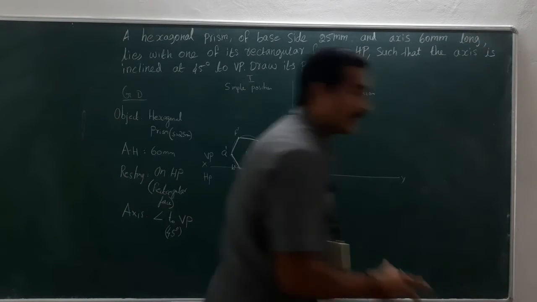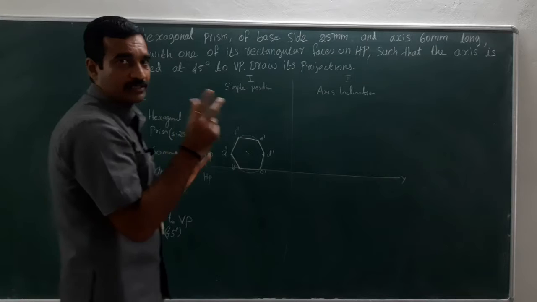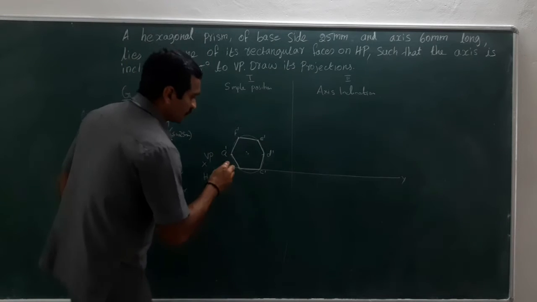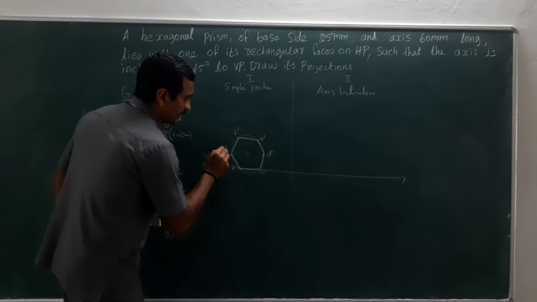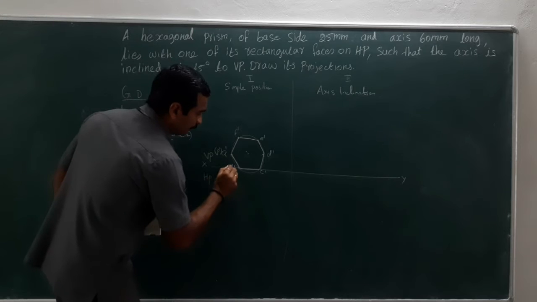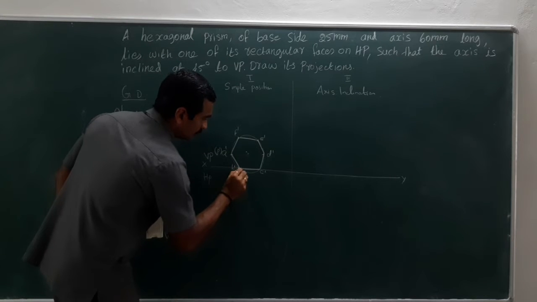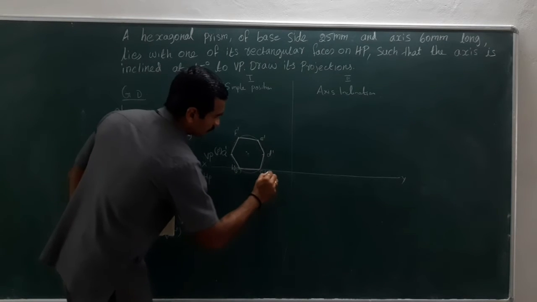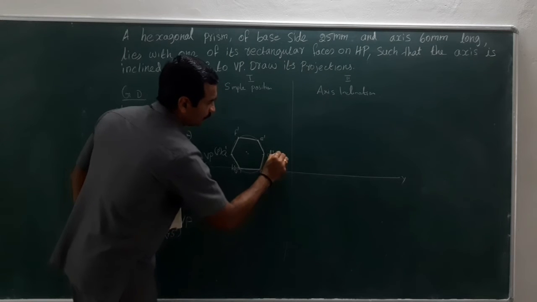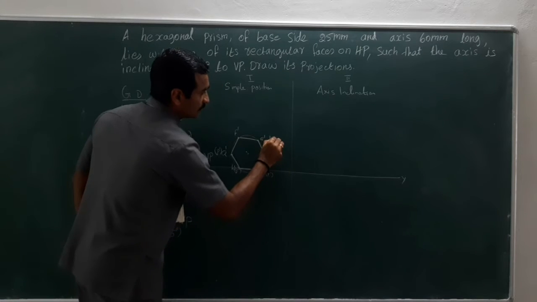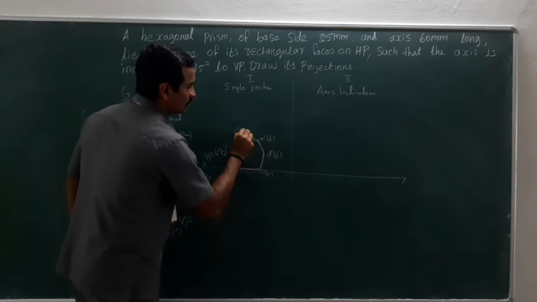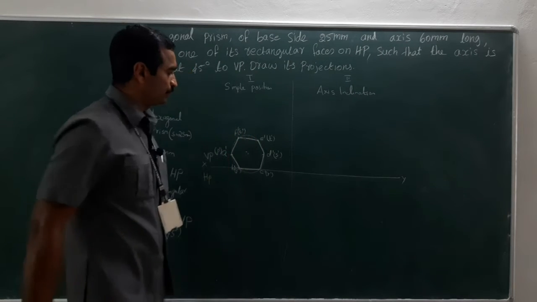There also you have a similar shape, that is hexagon, but that is invisible. So P is invisible, Q is invisible, R is invisible, S is invisible, T invisible, U invisible.